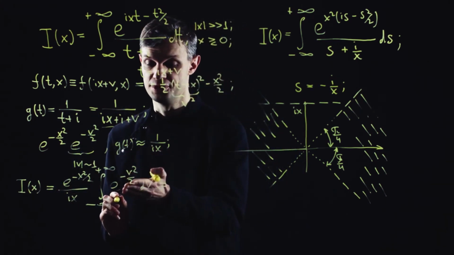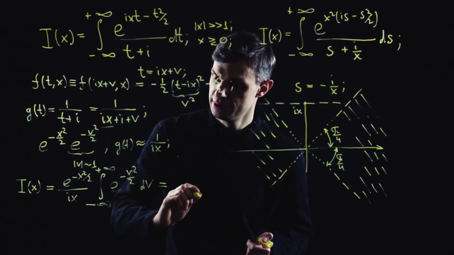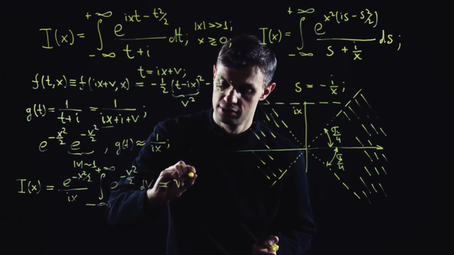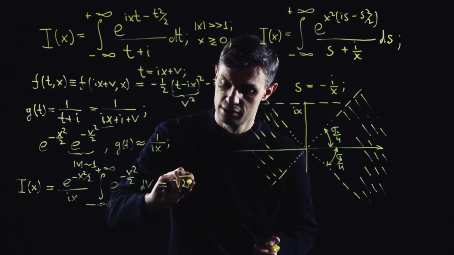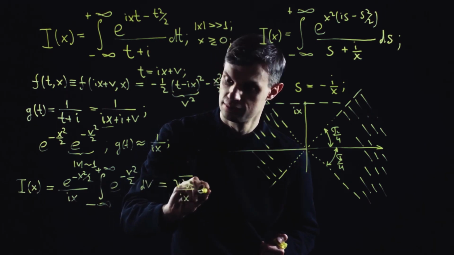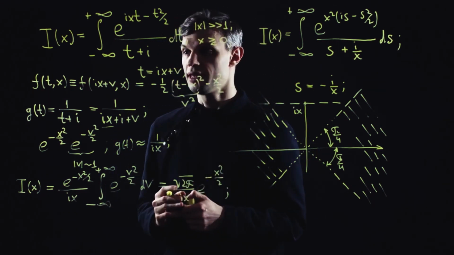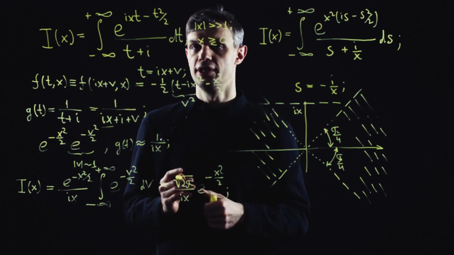Again, no large parameter in the exponent, and the resulting answer is the square root of 2 pi. Now we are ready to discuss the case of large and negative values of x.